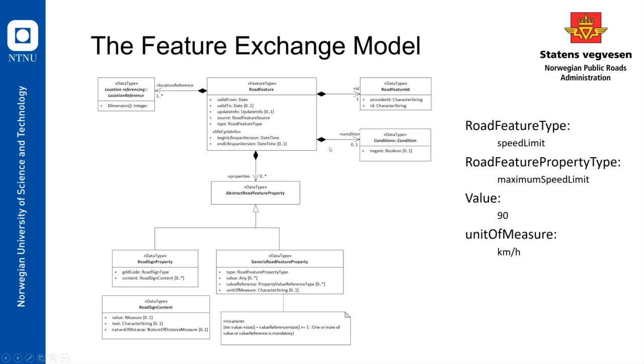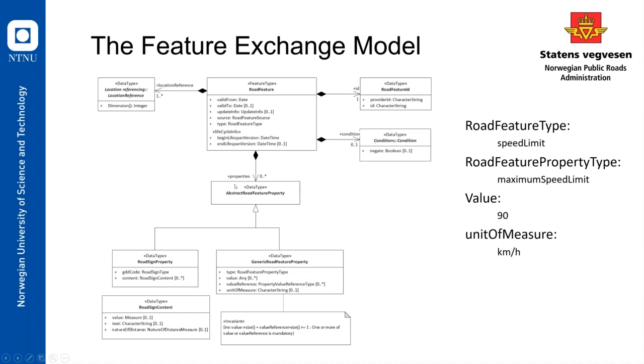And this road feature type can be, for instance, a speed limit. This road feature can have a set of properties, and that property can be of some road feature property type. For instance, a maximum speed limit. And then we have a value, for instance, 90, and a unit of measure, kilometers per hour.